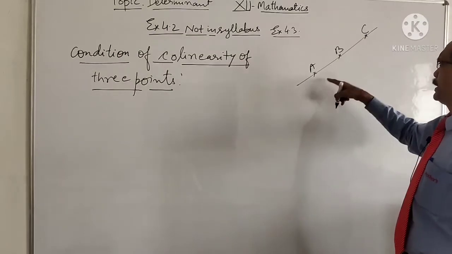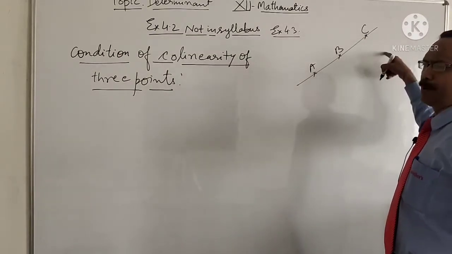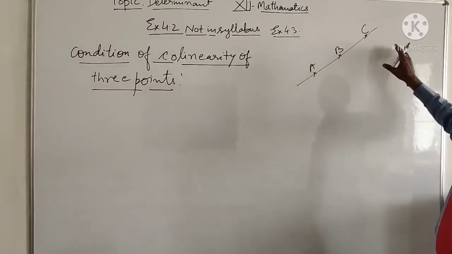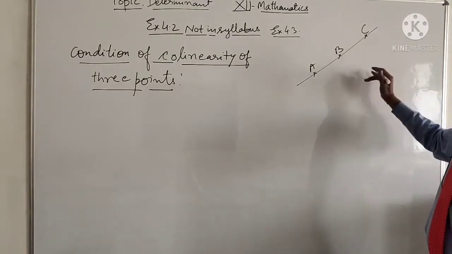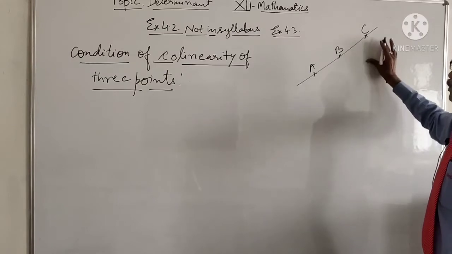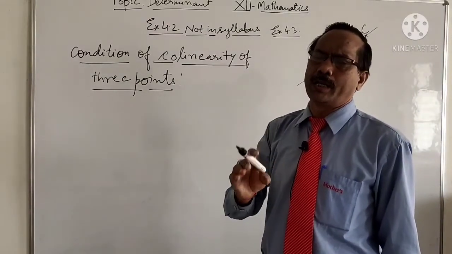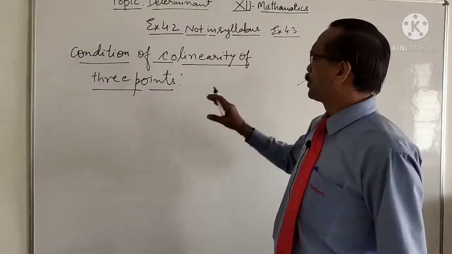Students, let A, B, C be the 3 points, and they lie on a line. Then these points are said to be collinear points. Now, there is a condition. If the area of the triangle is 0, then the points are said to be collinear.